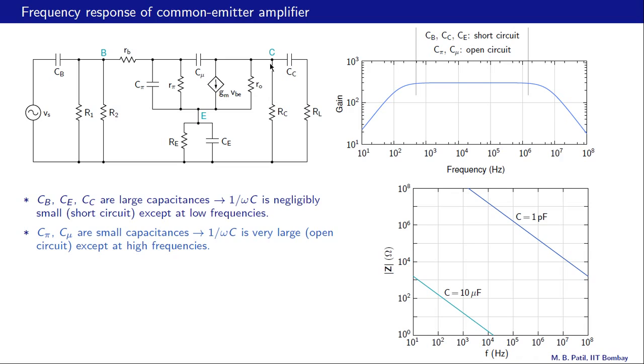Now imagine that the frequency has increased, say we are somewhere here, so the impedance presented by C pi and C mu has become smaller, and now this current is going to split into different branches, and that's going to reduce the current through R pi, causing a reduction in the output voltage. So that is what is happening roughly in this region.